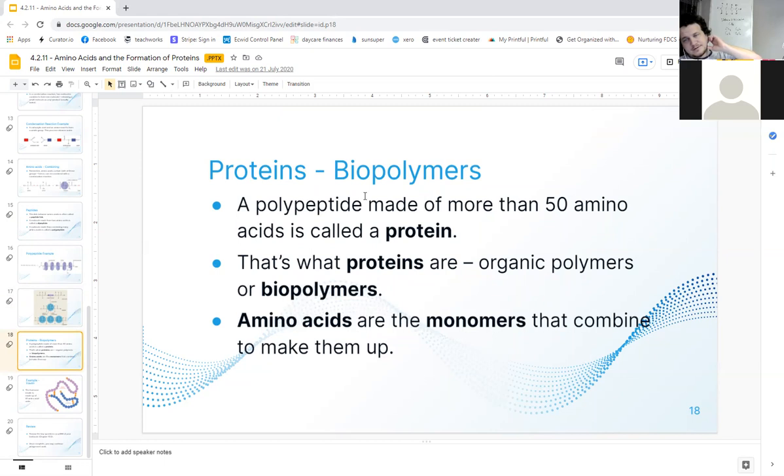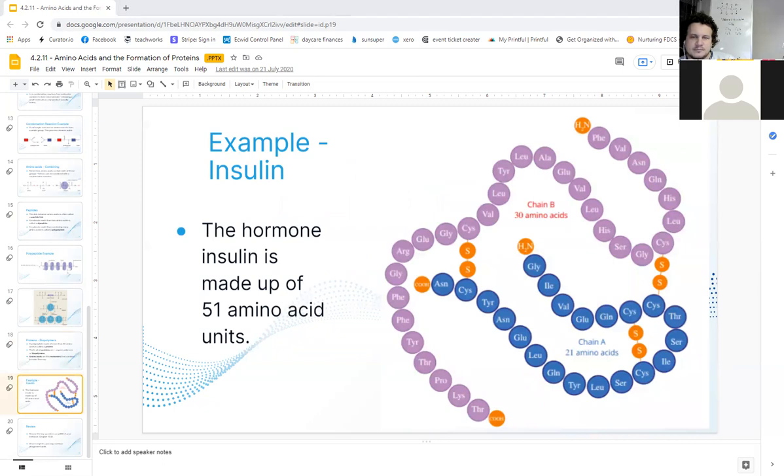Okay, so a polymer is a long chain of monomers. The amino acids are the monomers that make up the polymer here. In this case, it's a biopolymer or a protein. So this is insulin.